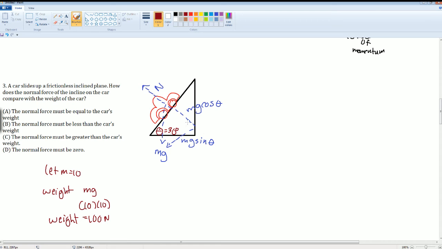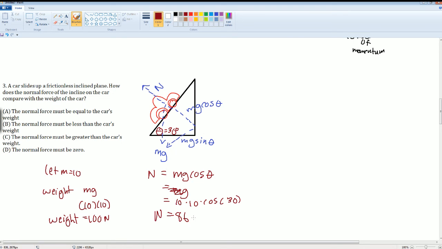We know that the normal force is equal to mg cosine theta, right? Because they're opposite forces. So 10 times 10 times cosine of 30 degrees is about 86.